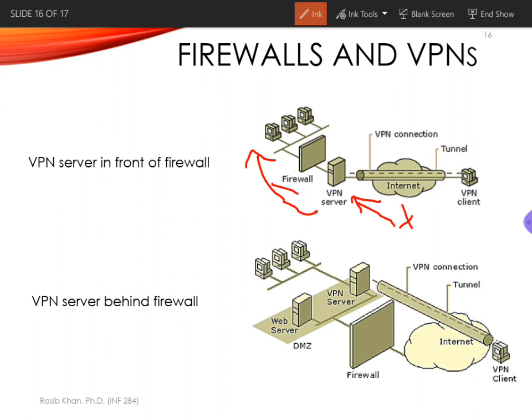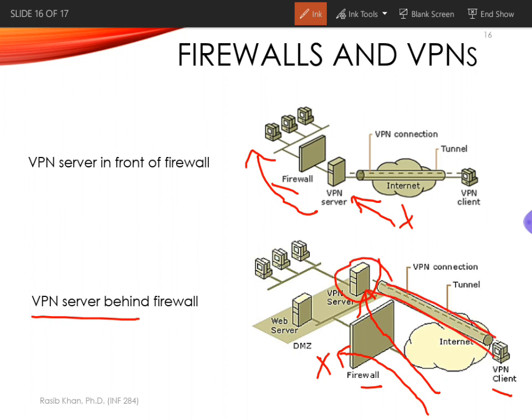And if the VPN server is behind the firewall, then the firewall needs to have rules so that if public connections are trying to get into the VPN server, I will allow it. Anything else, anywhere else it needs to go, I will not allow it. And only in that case, the client can have access to the server to set up the tunnel and then eventually connect to our private network.